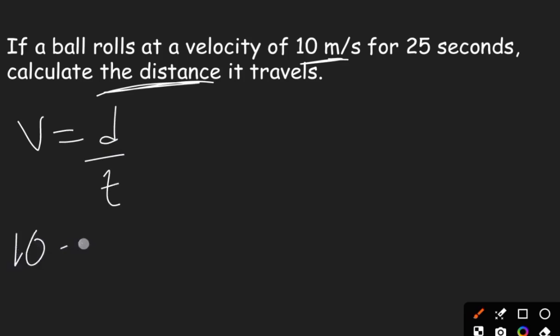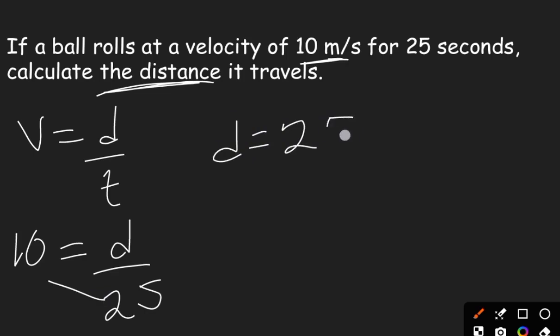So write your 10 here equals your distance d over 25. So you are going to cross multiply. You are going to have d equals 250 meters. Now always take note of the units so you don't mess things up.